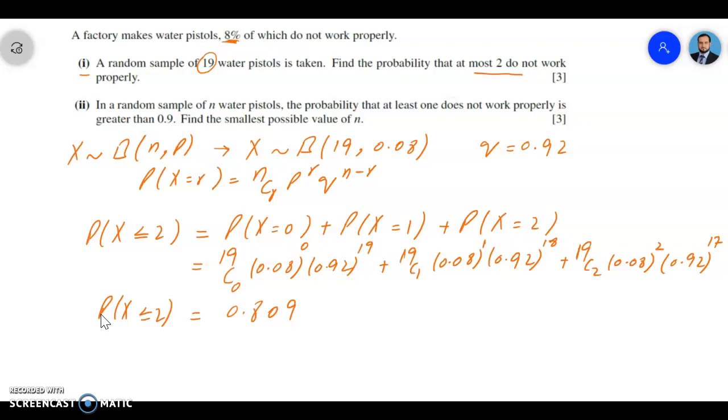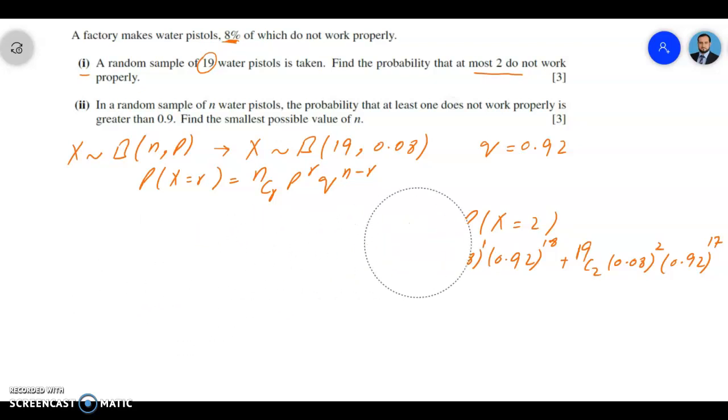Now let's have a look into the second problem. In a random sample of n water pistols, the probability that at least one does not work properly is greater than 0.9. Let's get some space for the working out.